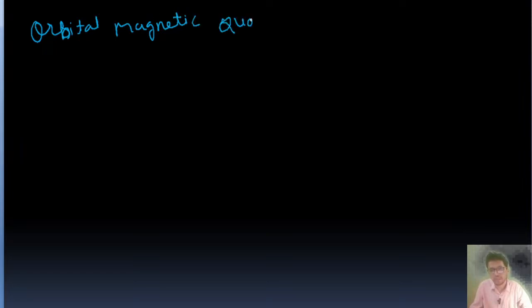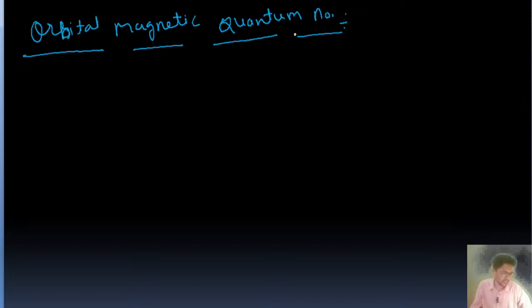Next is the orbital magnetic quantum number. The orbital quantum number is L, and the orbital magnetic quantum number is denoted by ml.